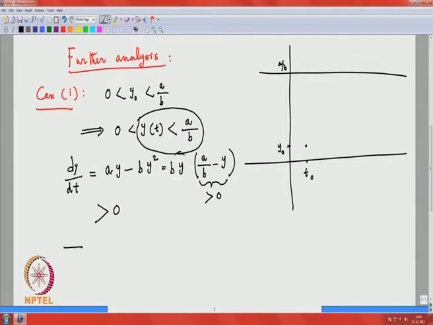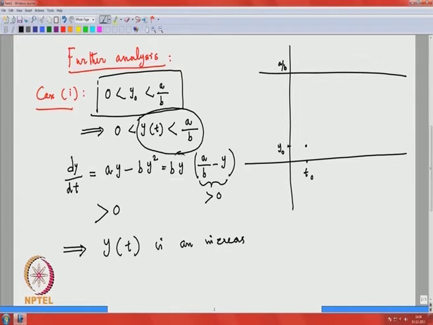That immediately implies this case, do not forget this case, it is somewhere here below a by b. So, this implies y(t) is an increasing function. That is one observation. So, y(t) increases.